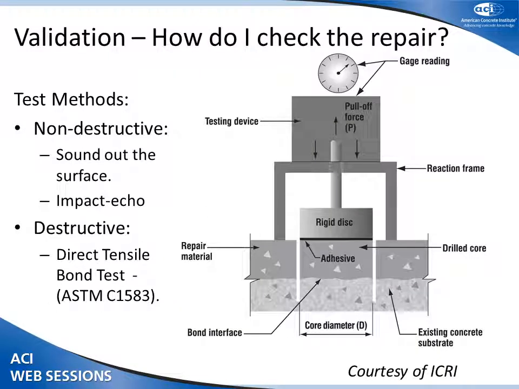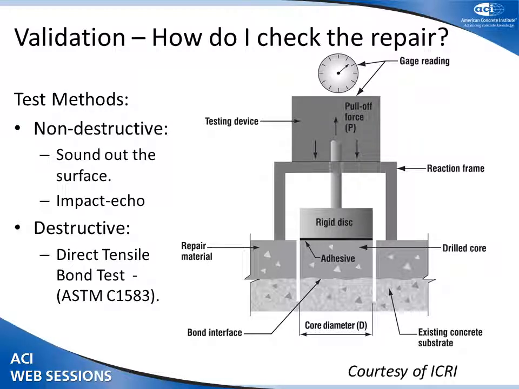Now that the material is in place and it's cured out, how do I know I have a good installation? Let's validate it. How do we validate it? A couple of test methods are available to us. Non-destructive test methods, sound it out. I love the hammer test. If it pings, it's good. If it duds, it's dead. Impact echo. These you typically see when complete systems are in place and we're validating the coatings, the finished protective layer, to make sure that there are no surface delaminations or voids.